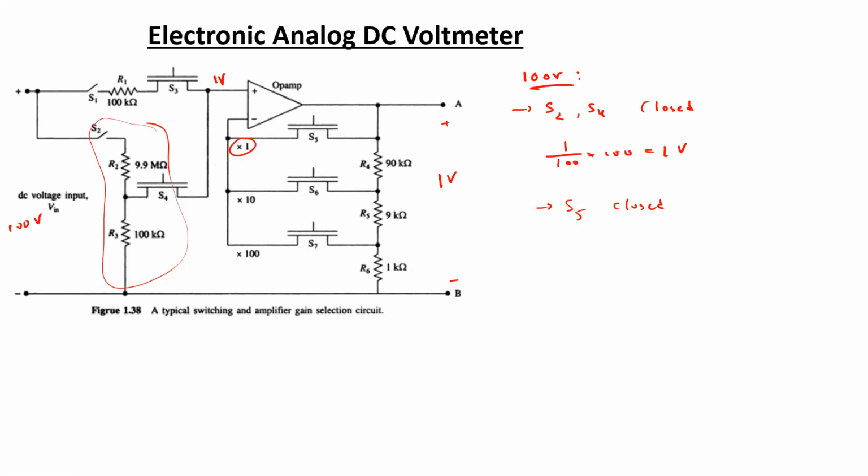So like seen over here, although on the right hand side of the terminals A and B, a multiplier resistor along with the PMMC was designed to obtain a maximum input voltage range of 1 volts, using the electronic switching and amplifier gain selection circuit, that range can be further enhanced into smaller scales and also into larger scales.